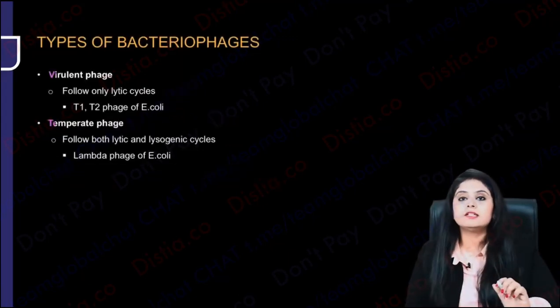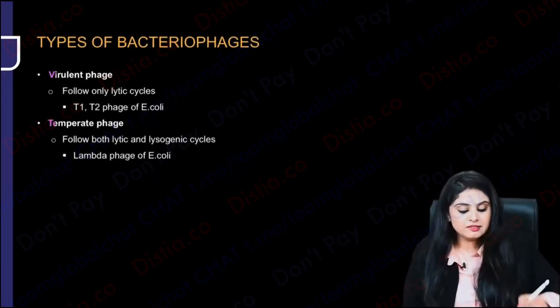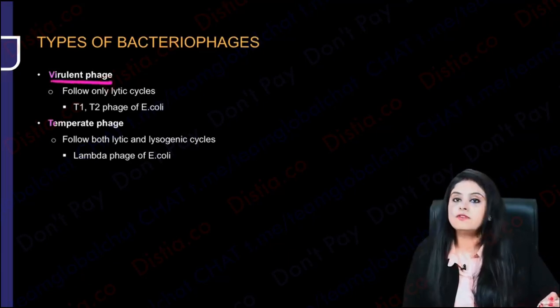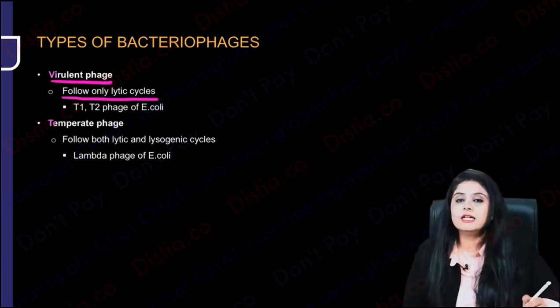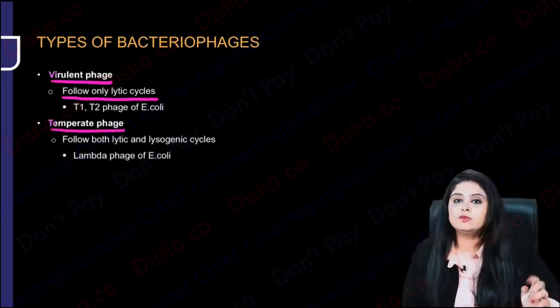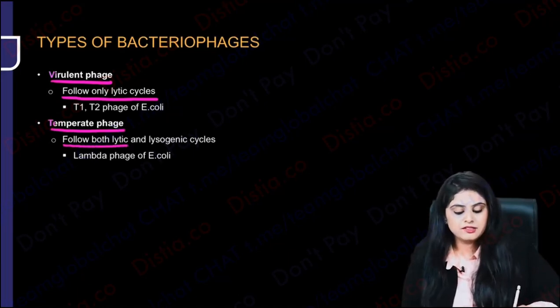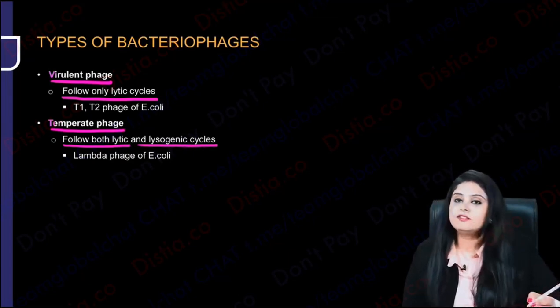So all these rote-learning things I'm making you do so that I can tell you the details in a while. So remember, there is something known as a virulent bacteriophage. Virulent means very, very dangerous. So it is just going to break. It only follows the breakage cycle, the lytic cycle. Temperate phage has two cycles. It can follow the lytic cycle also. It can follow the lysogenic cycle also.